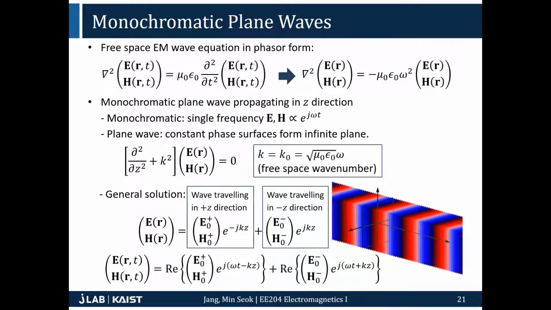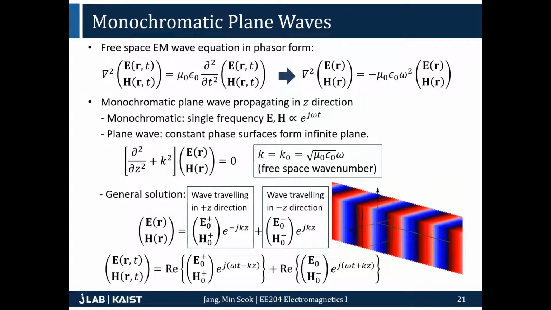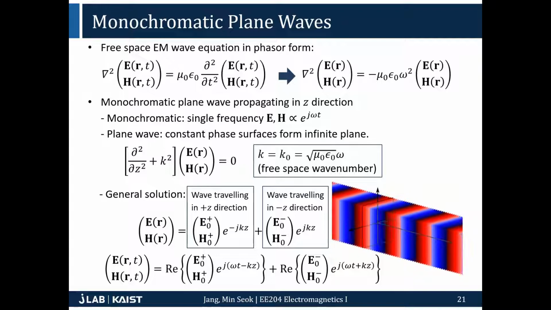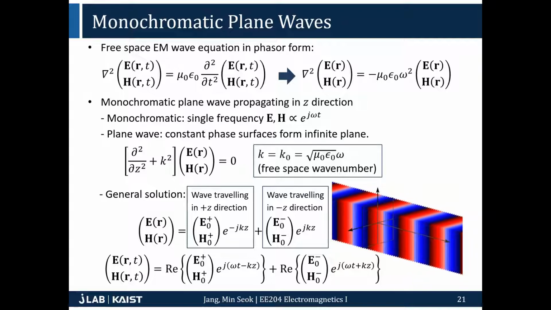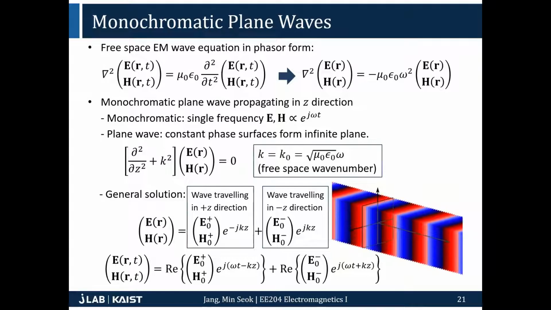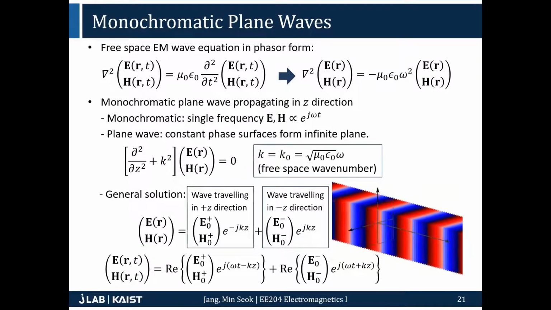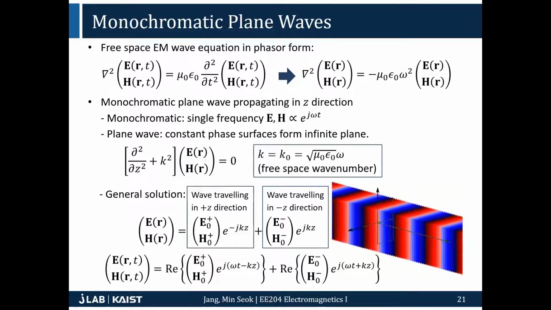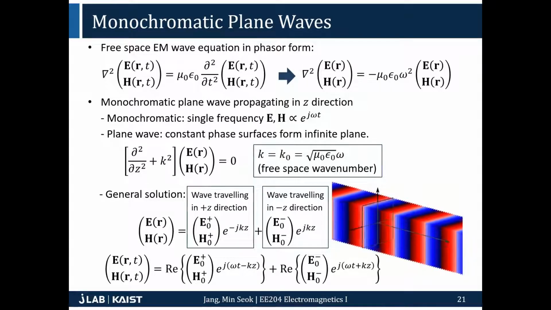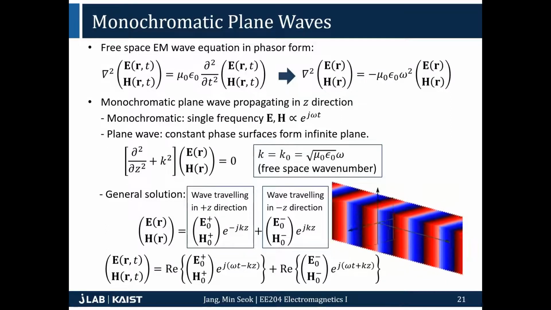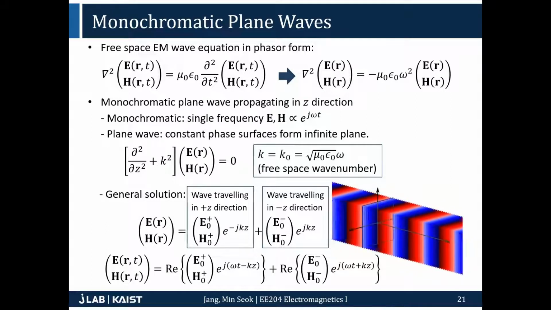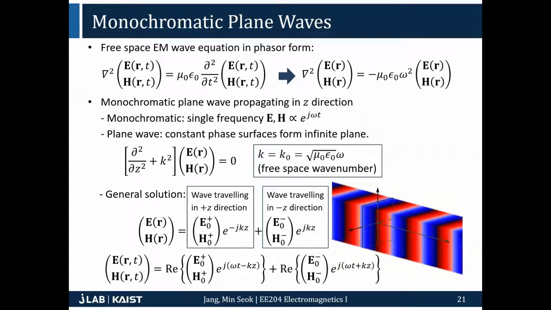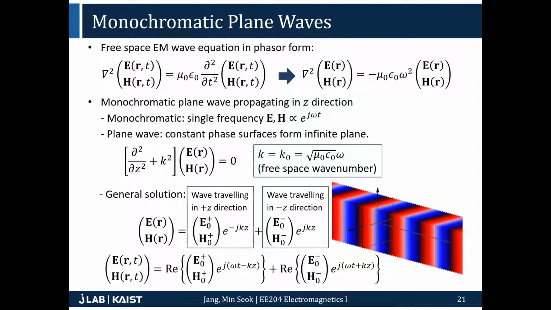What I wanted to convey here is that the first Maxwell's equation can be reduced to wave equations for the E field and H field. Then this wave equation can be solved with some assumptions. What we assumed is that the wave is monochromatic, meaning that its time dependence is just e to the j omega t.